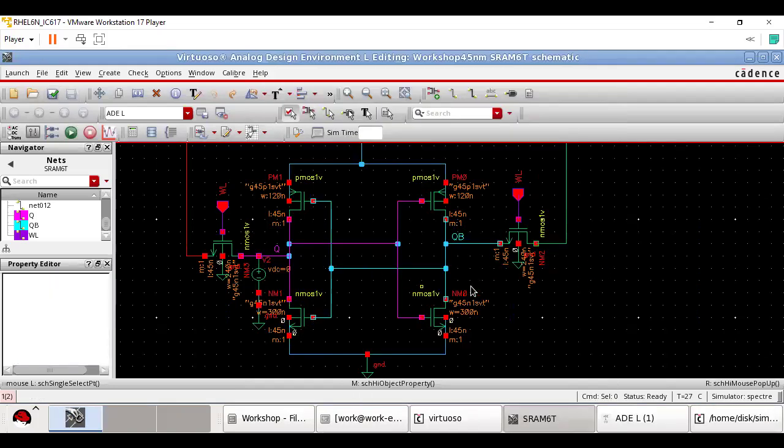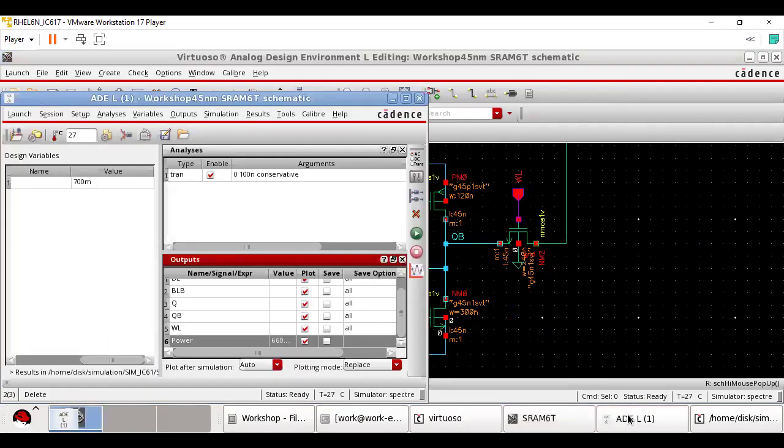Right? Now your 6T SRAM cell structure is complete with respect to read operation. Now let us see how much power is dissipated in read operation. This is around 660 nanowatts.